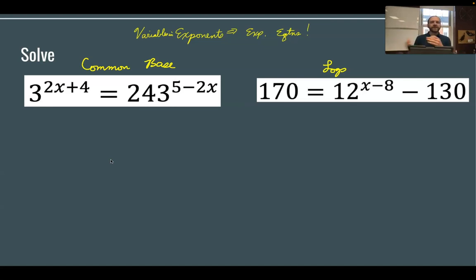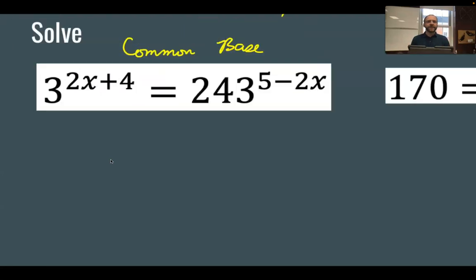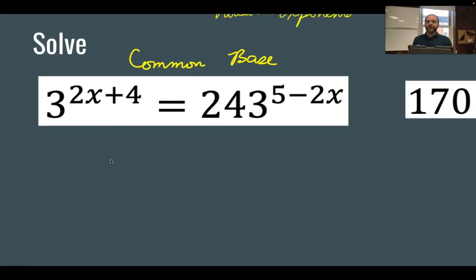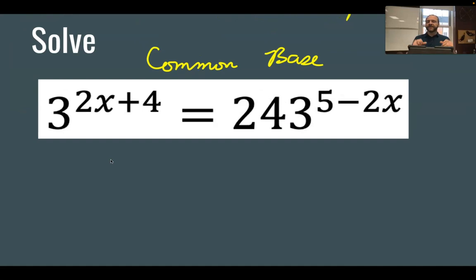Do you notice the differences between them? If you look at the first problem, you have a base to a power equals a base to a power. Usually when that happens, not always, I think it's going to be a common base problem. The reason is that there's only a base to a power equals a base to a power, so something tells me I'm going to create common bases.